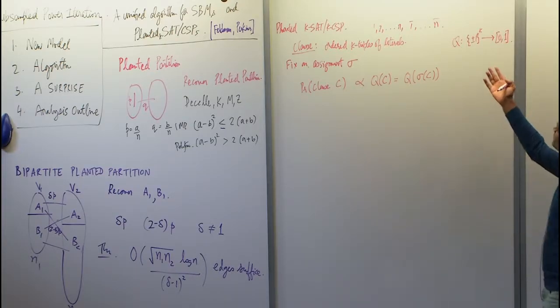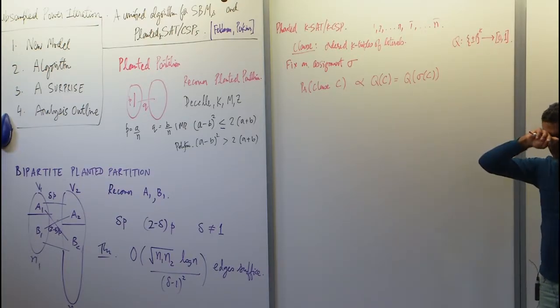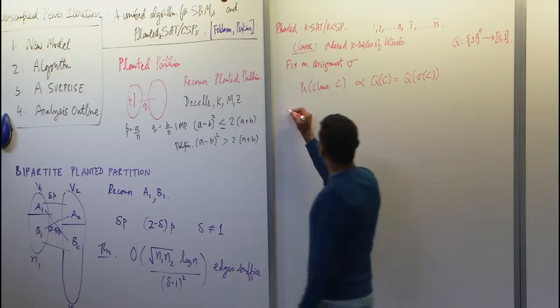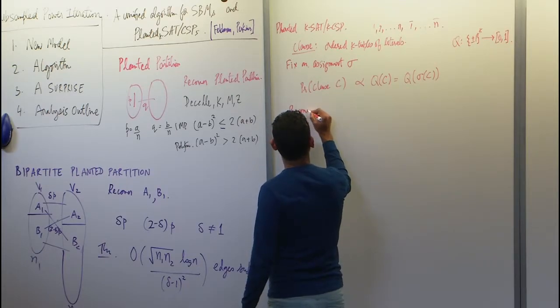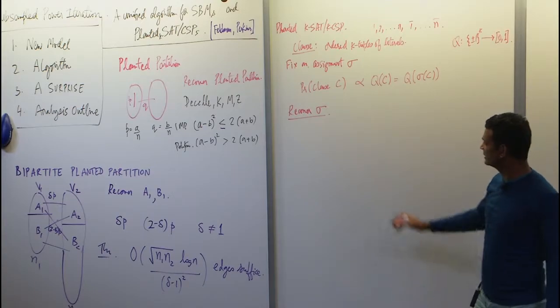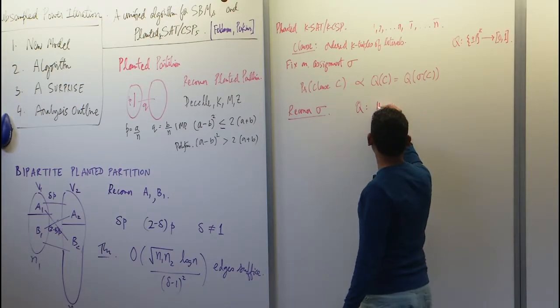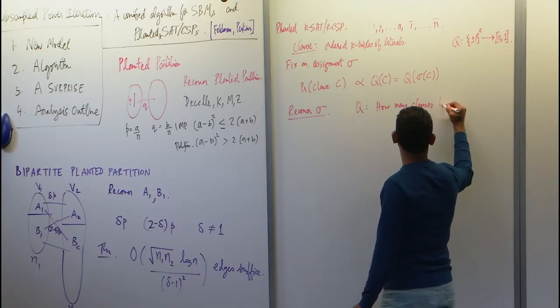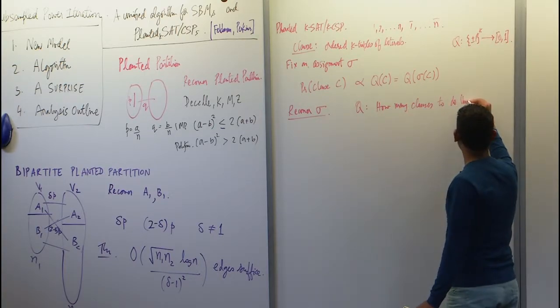If you wanted XOR-SAT, as long as the number of true literals is even, you make it 1, otherwise it's 0. And what's the problem? Recover sigma. The question is, how many clauses to do this efficiently? To do this in polynomial time.